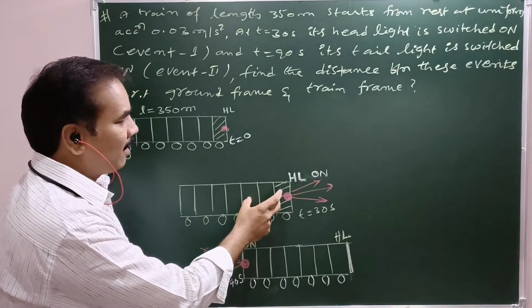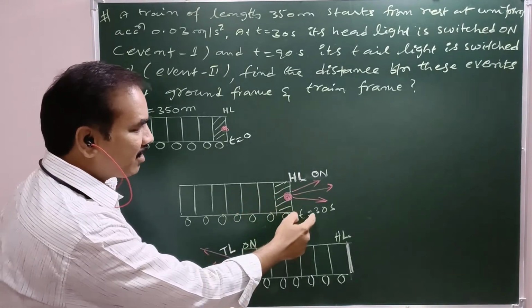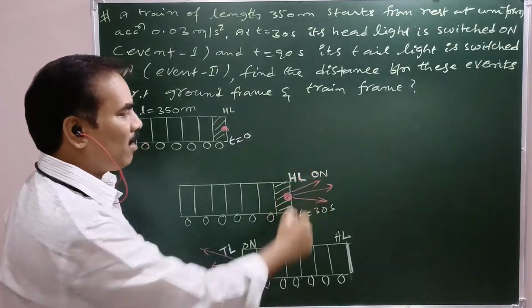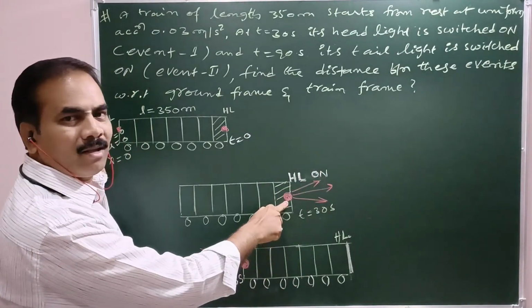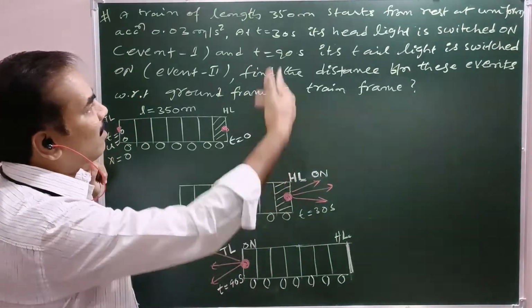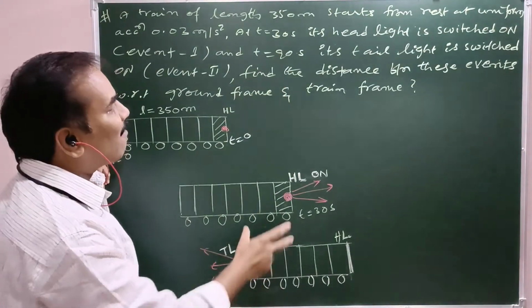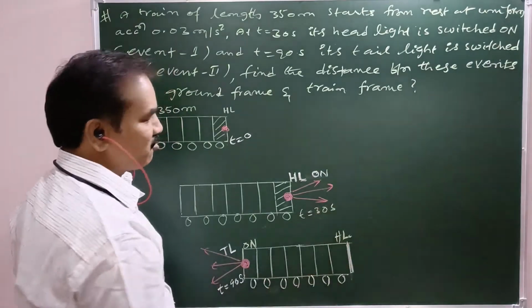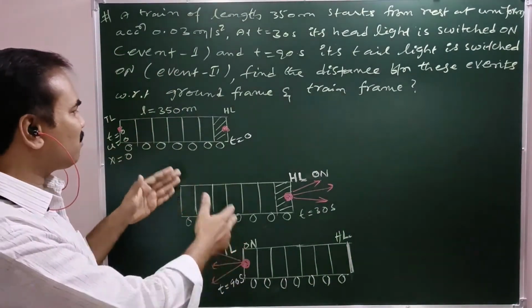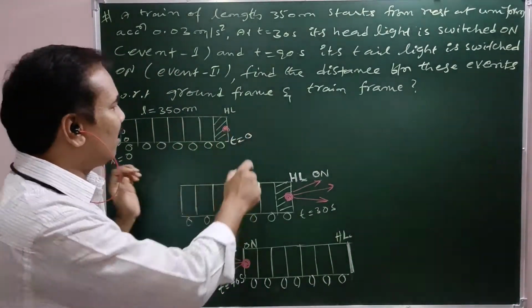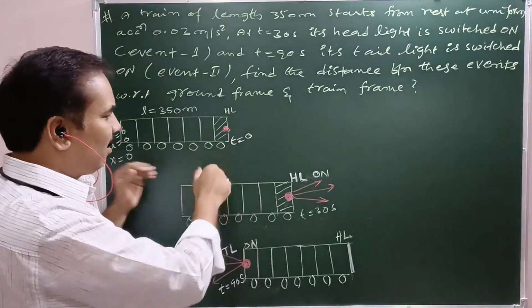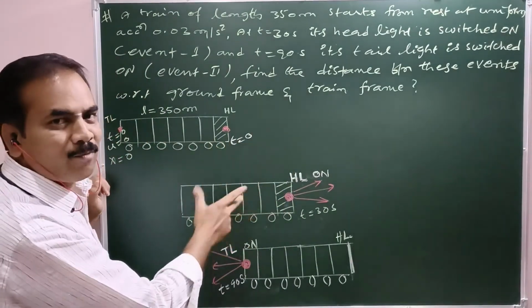This is the instant at t equal to 30 seconds at which headlight is switched on. After 90 seconds, this would be the position of the train, for example. Of course, all the three diagrams are along a straight line, but I drew them below to make you better understand.